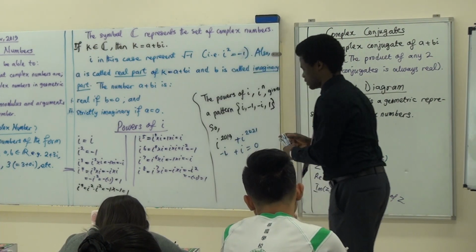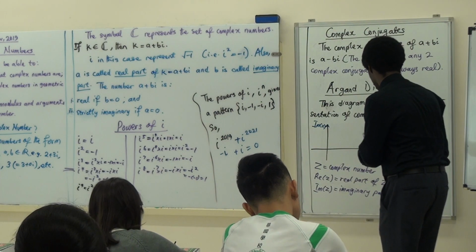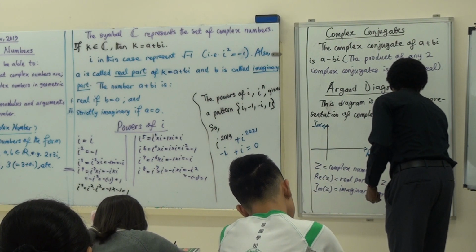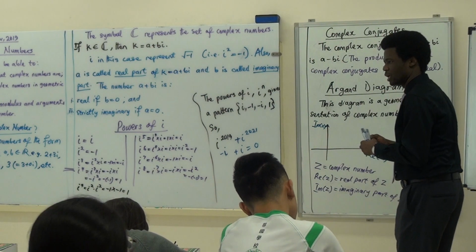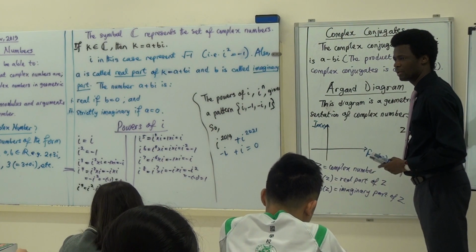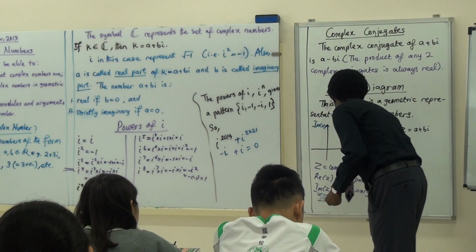So let me show you how this Argand diagram works. If I have, for instance, z equals a plus bi, it means on the real part, x is equal to a, might be maybe here.